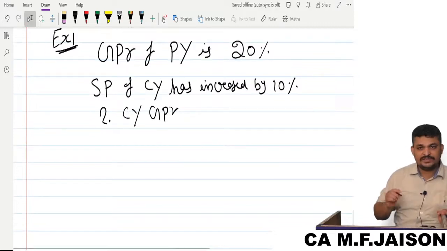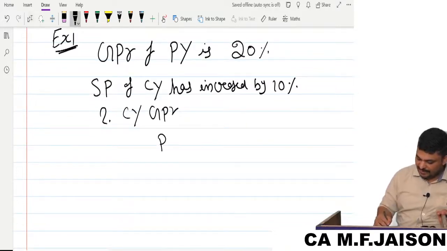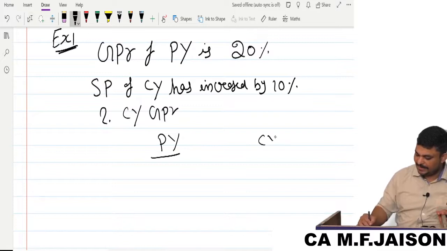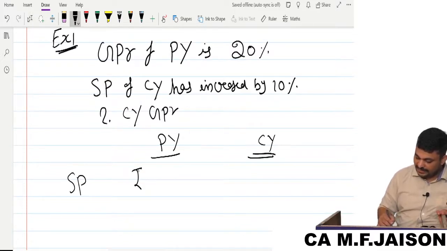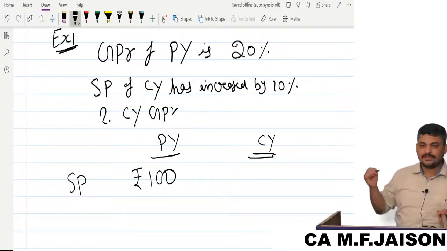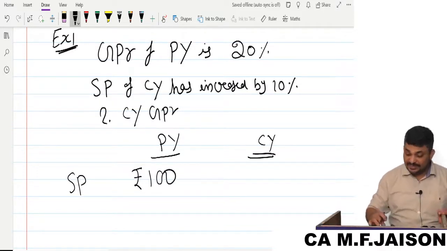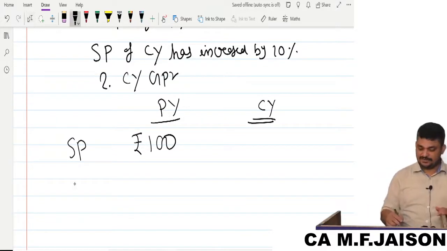Listen, my dear friends, let me take the previous year and current year. Let the selling price be rupees 100. Selling price is rupees 100, an assumed number.